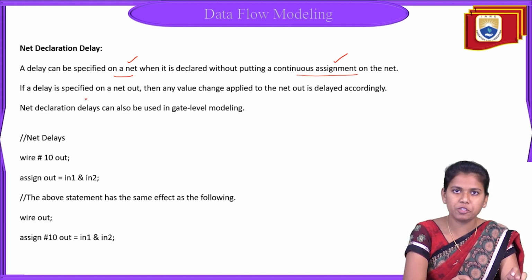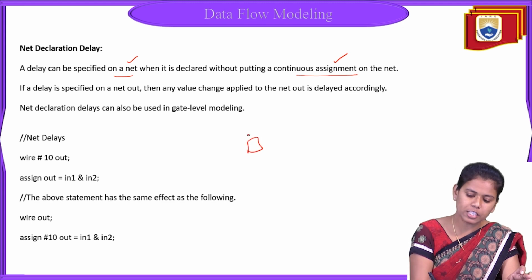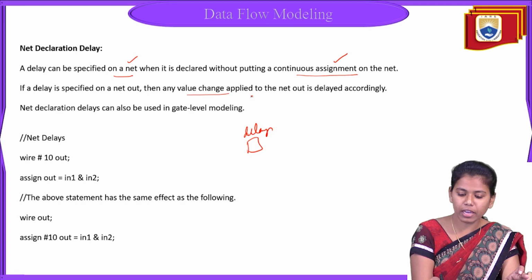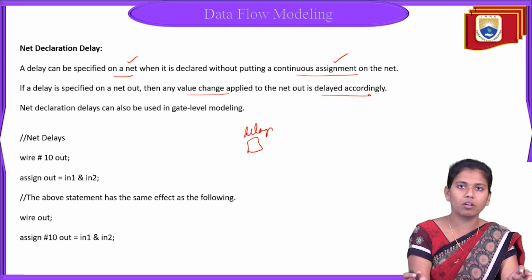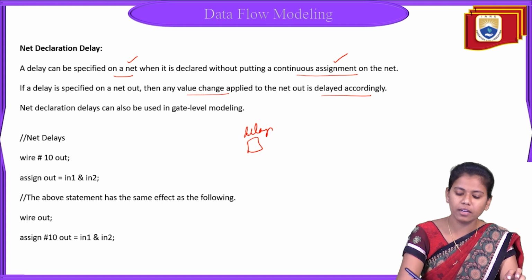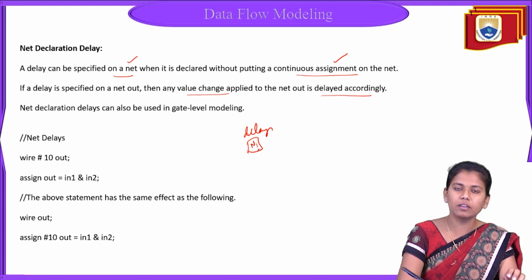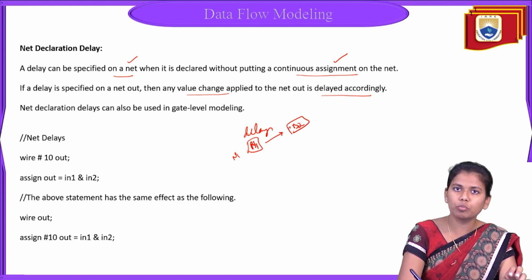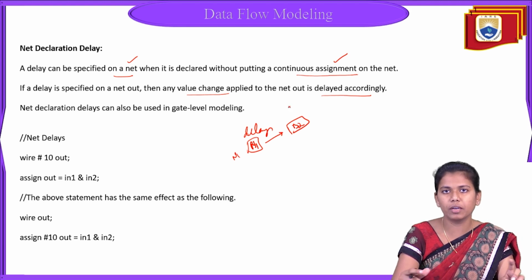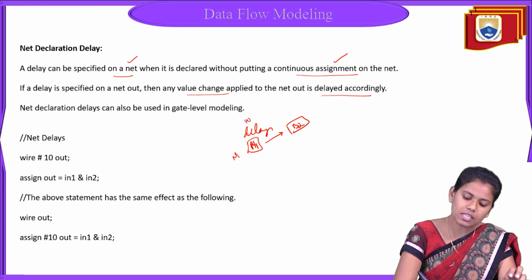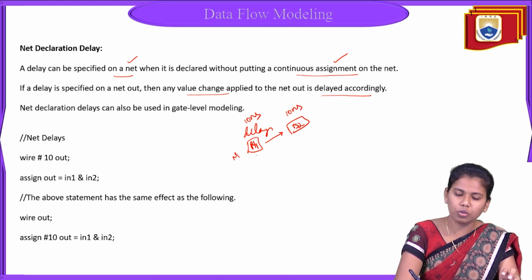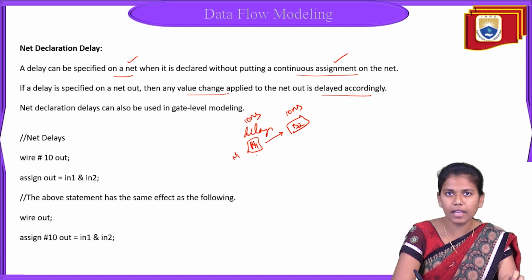So if a delay is specified on a net, then any value change applied to the net out is delayed accordingly. It is very simple, right? If some delay is observed in block 1, the same delay we will see in block 2. Why? Because there is a communication between block 1 and block 2. If the delay occurs in block 1 at 10 nanoseconds, the same will be carried to block 2 with the same 10 nanoseconds.